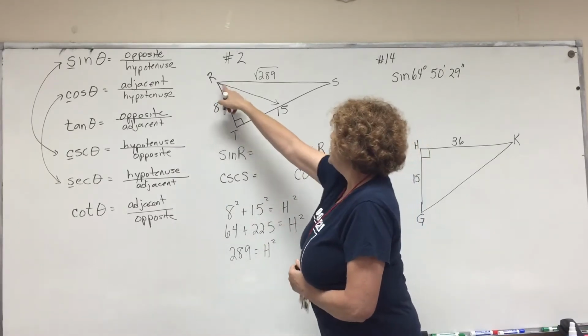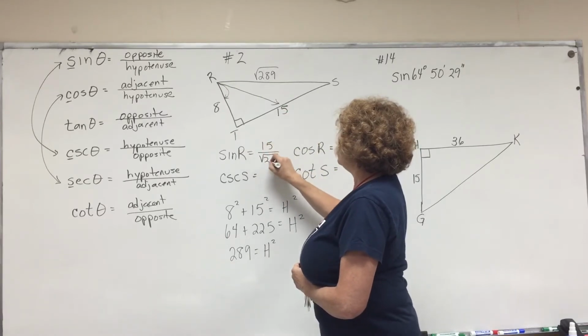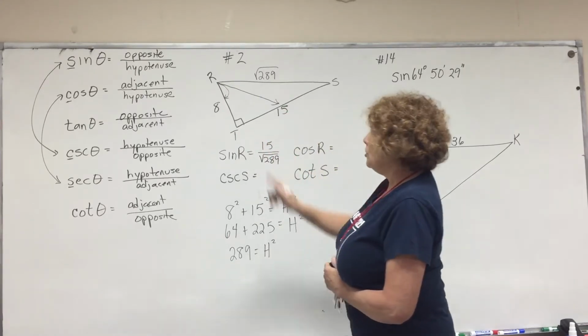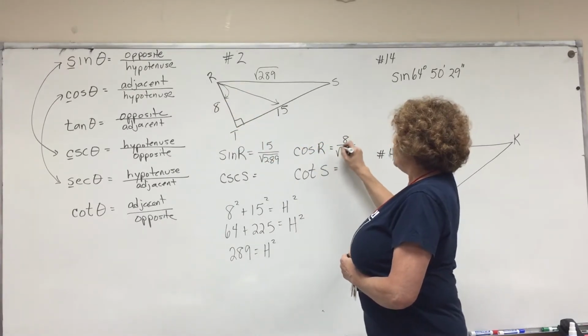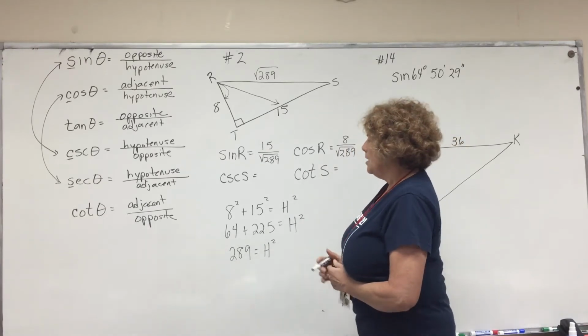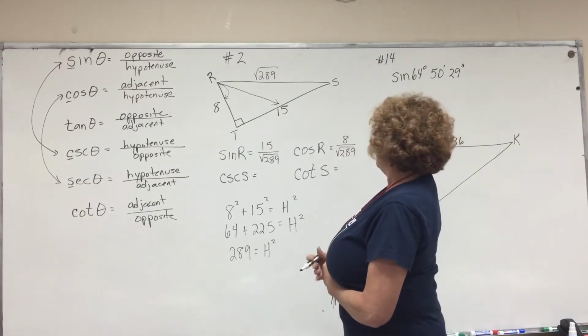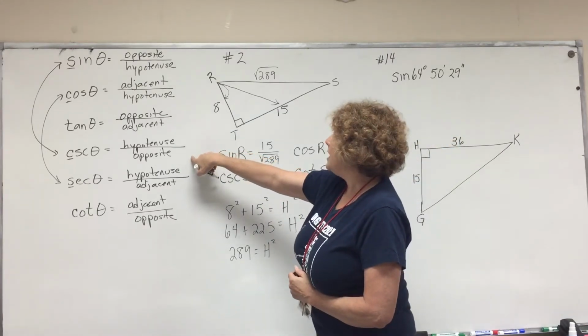So the sine is opposite over hypotenuse. The cosine would be the adjacent over the hypotenuse. I'm hoping I did the 289 right. So the cosecant is the hypotenuse over the opposite.